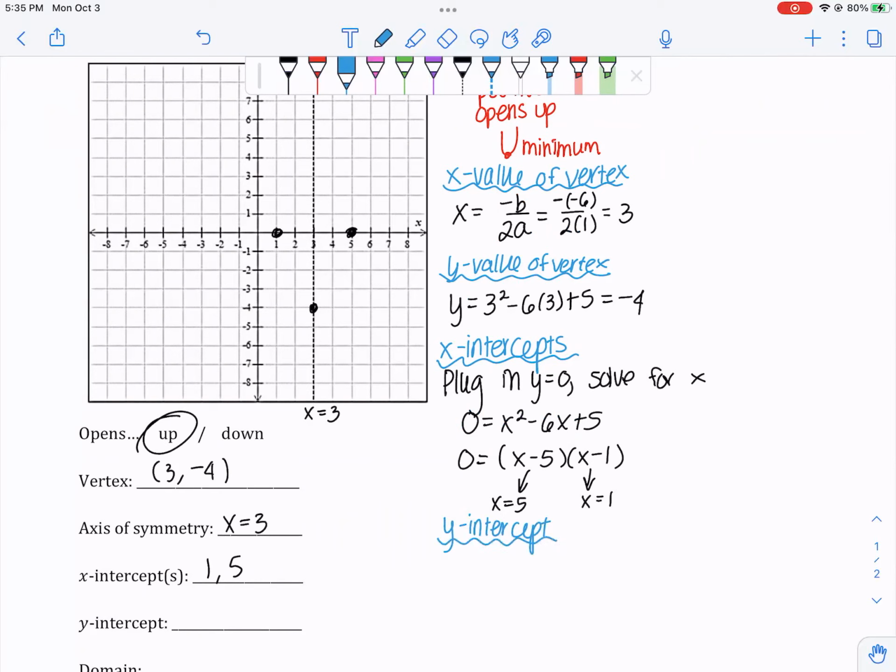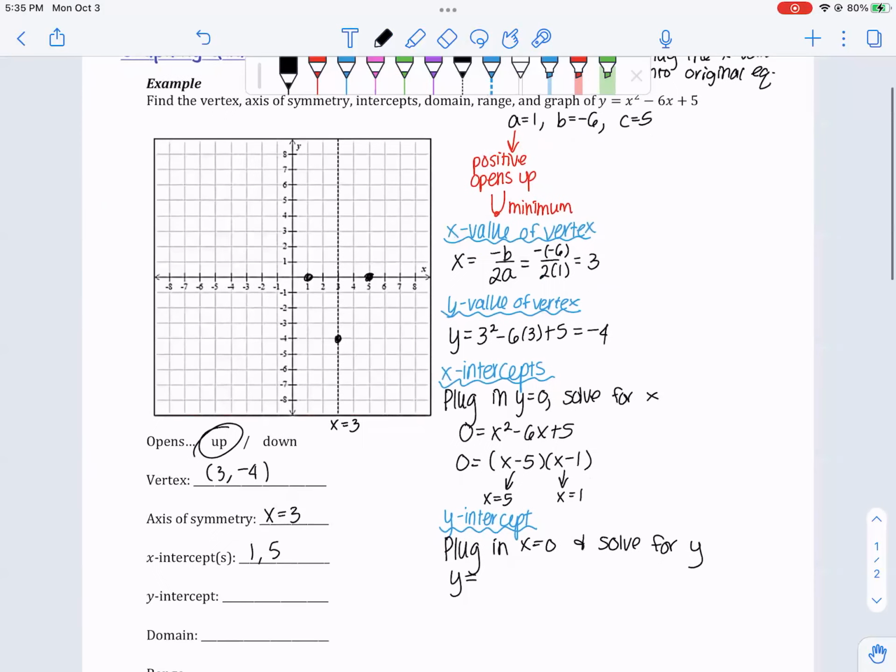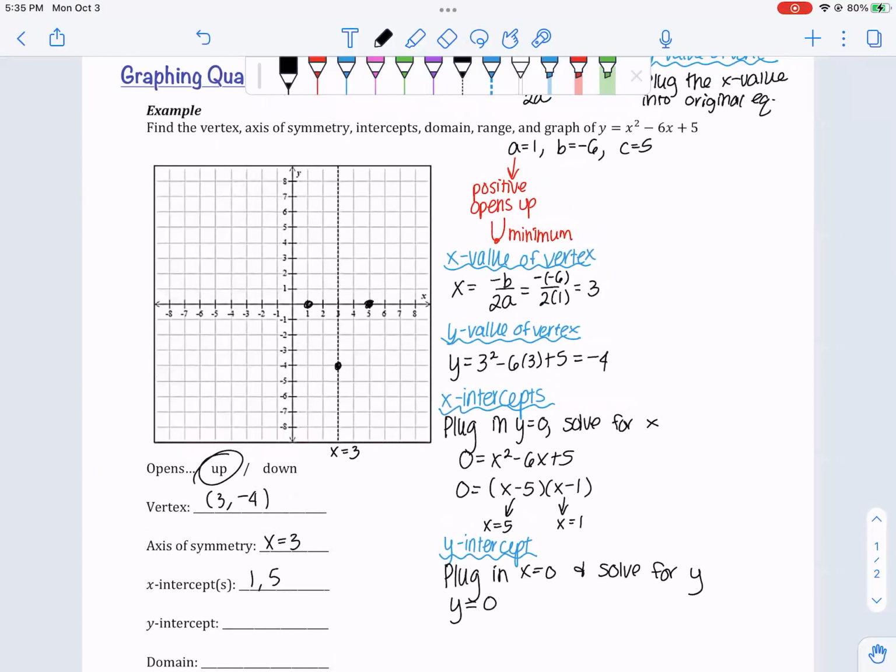For the y-intercept, we're plugging in x equals 0 and solving for y. So our equation is y equals, this will be 0 squared minus 6 times 0 plus 5. That's just 5.